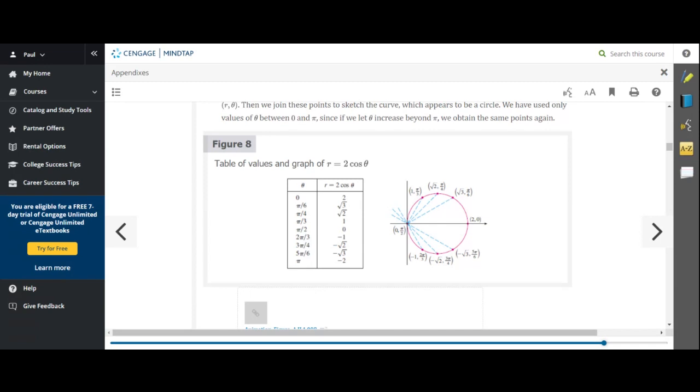So now they ask you in the problem, the polar equation r equals 2 cosine theta traces out a circle centered at Cartesian coordinate 1, 0 with radius 1. We ought to be able to find a Cartesian equation for that curve, right?